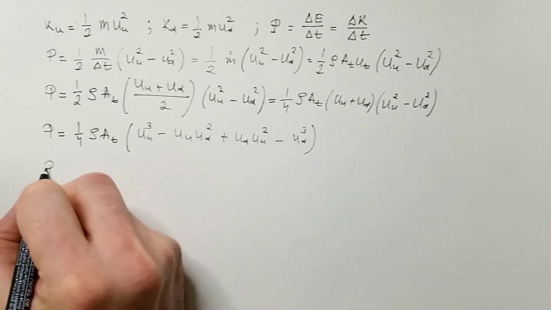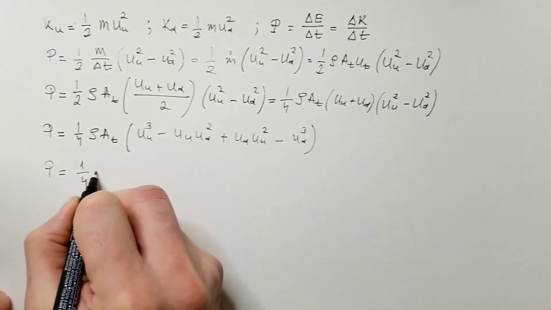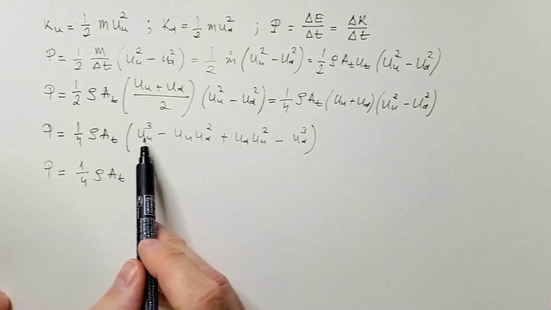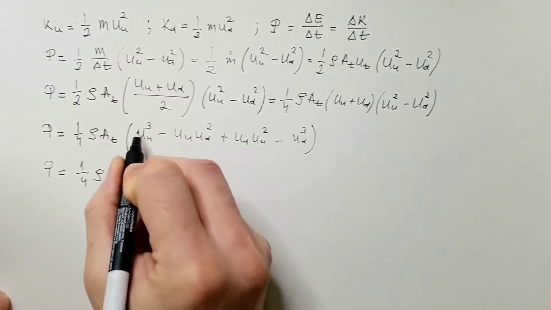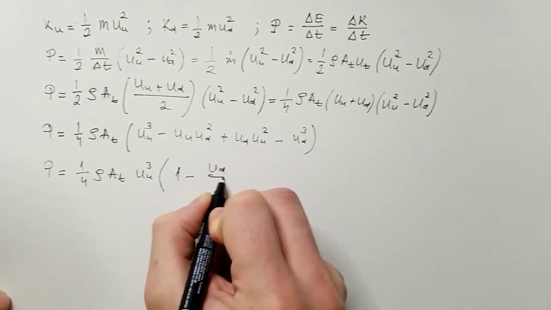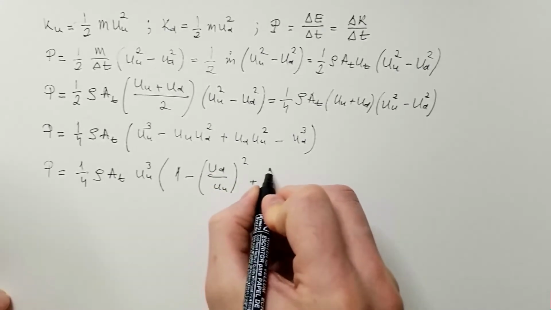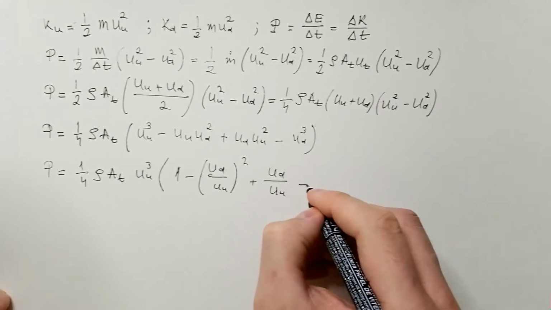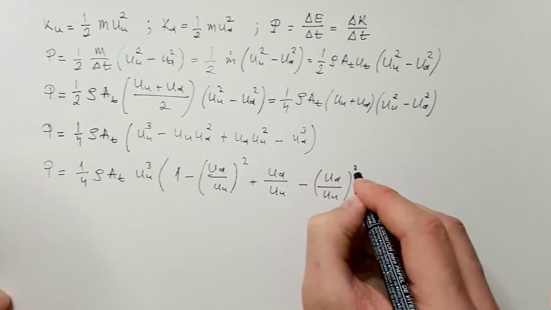Or I write that power is equal 1 over 4 rho A_T. I will factor out U upstream cubed, and then I will get here 1 minus U downstream over U upstream squared plus U downstream over U upstream and minus U downstream over U upstream to the power of 3.